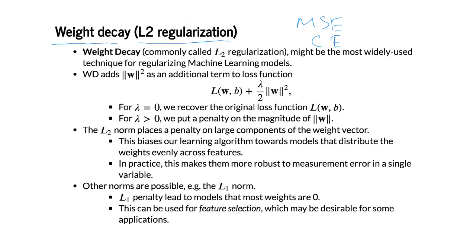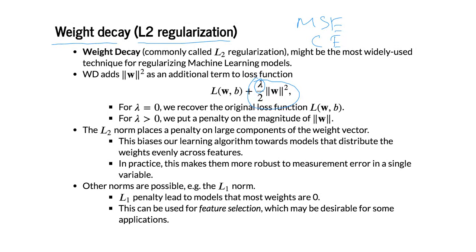MSE was for regression, cross entropy was for classification. In addition to this loss function, we also add this term over here, where lambda is a constant that is manually defined, okay? So we have to provide this lambda.